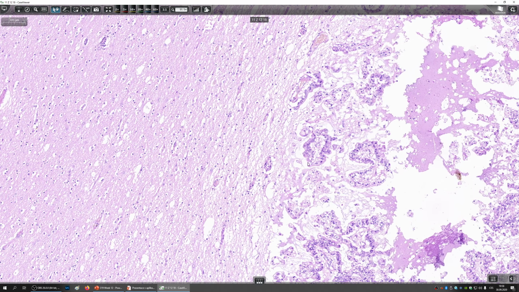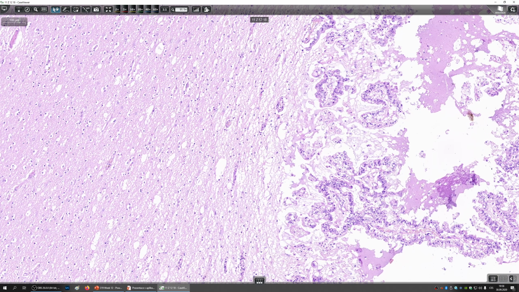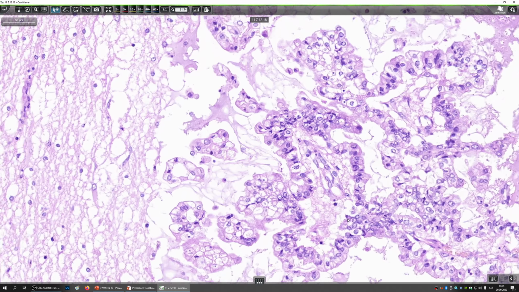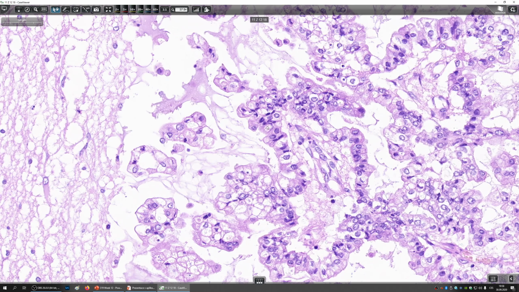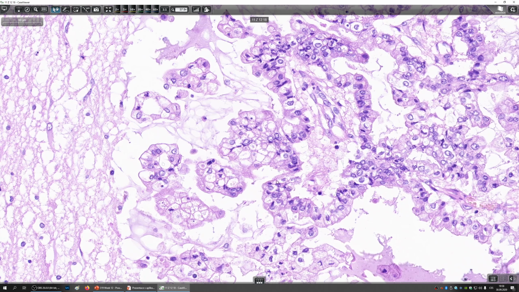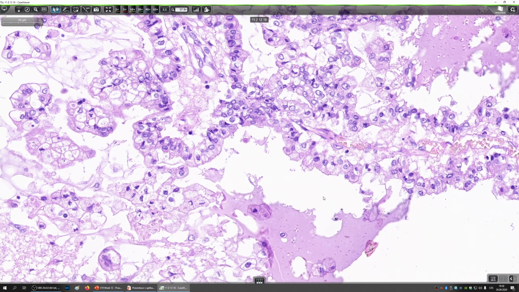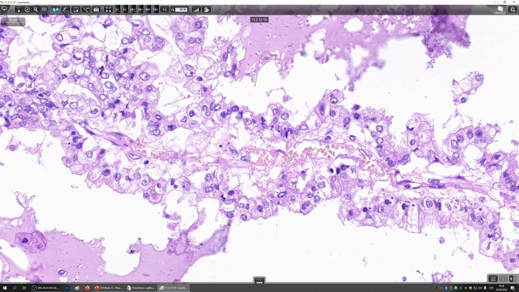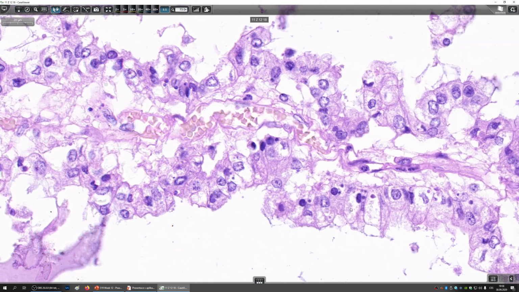Here we see the adenocarcinoma glands. So irregular glands lined by epithelium with obvious cytological atypia, with differently sized and shaped nuclei.